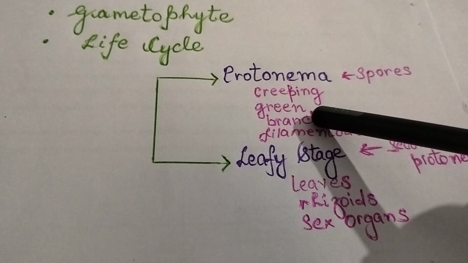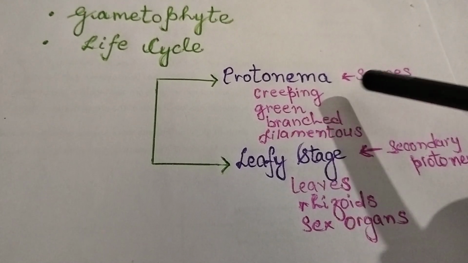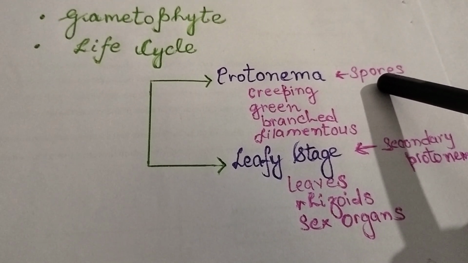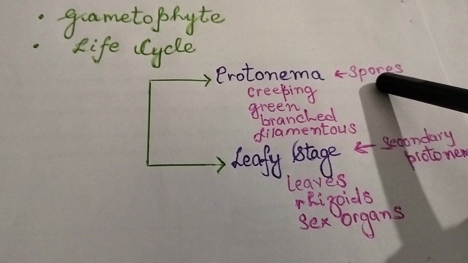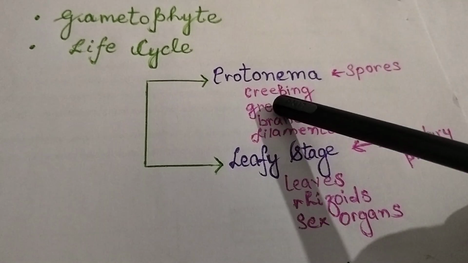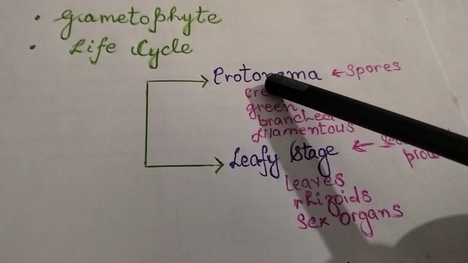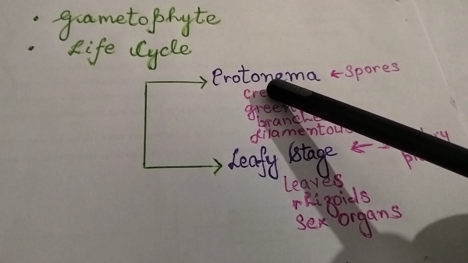So the first stage of the gametophyte, that is protonema, is formed from what? Spores. It develops directly from spores. Means in mosses, spores germinate to form the thallus gametophyte, and that particular stage is called protonema.